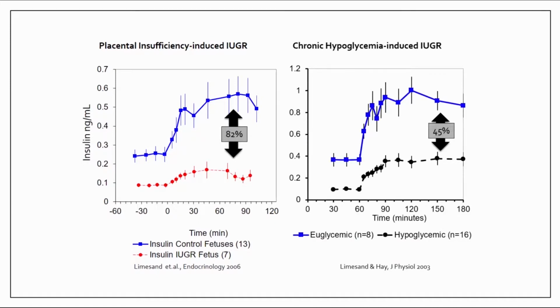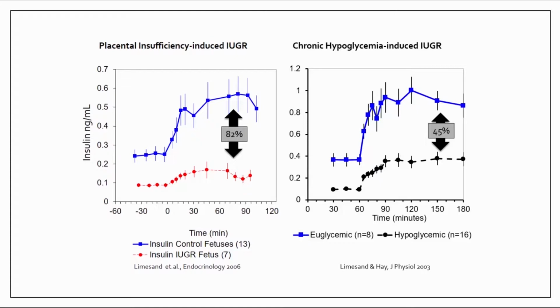In addition to just having this placental insufficiency model, we've also created models where we've infused insulin into the maternal circulation, lowering the maternal glucose concentrations, which then lower the ability of that mother to supply glucose across the placenta.